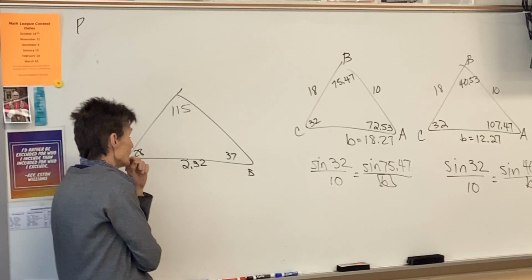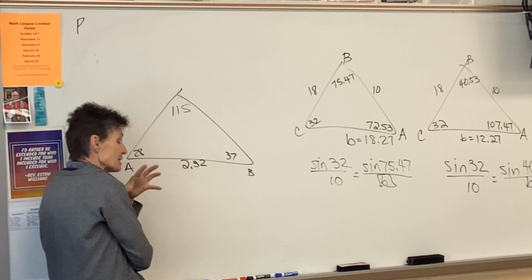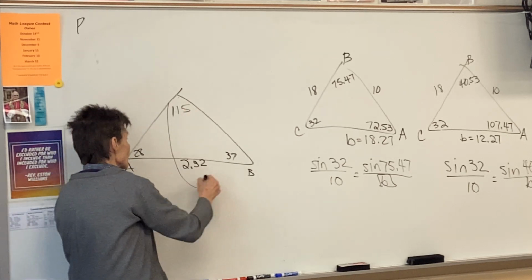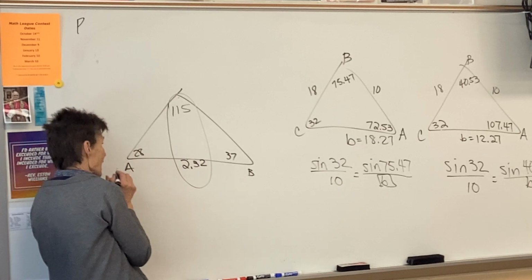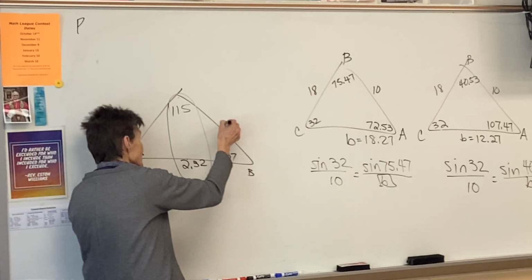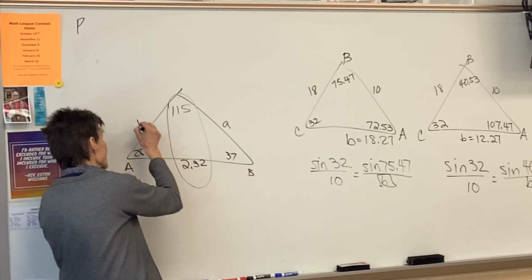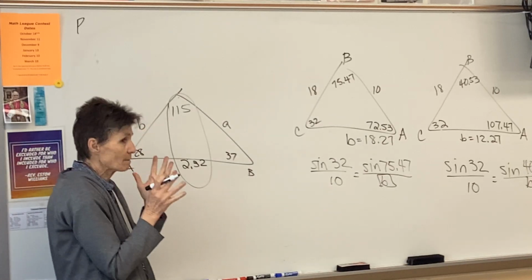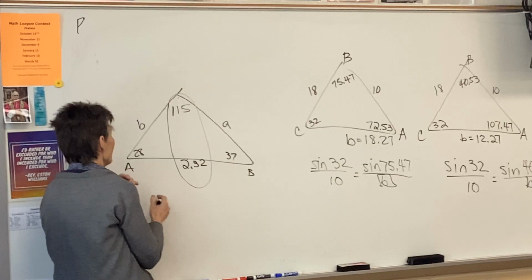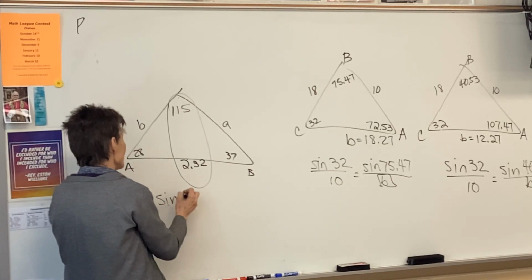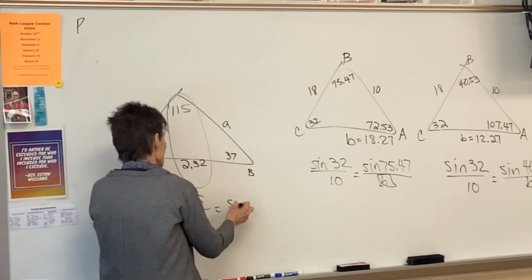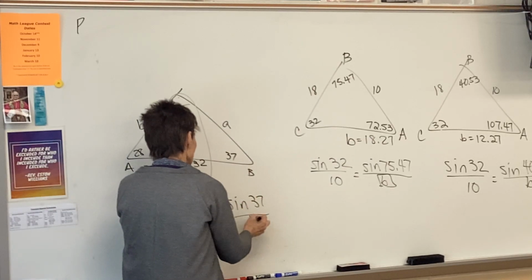Now, I don't need this as far as my answer goes, but could I now, because of this right here, find either side A or side B? Yes, we can. All right, so pick one, doesn't matter. B. Yep. So my formula is gonna be sine 115 over 2.32 equals sine 37 over B.